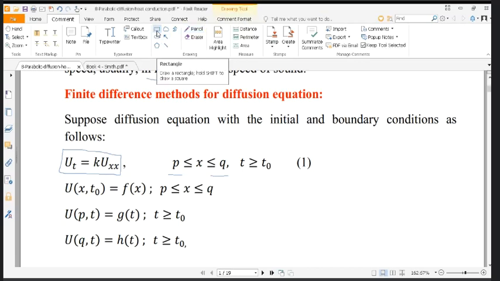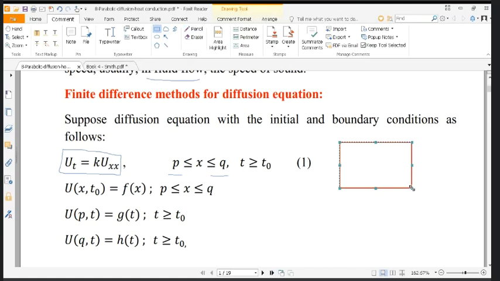If you remember, for the elliptic equation, the region of the problem should be closed, and we should have the value of the boundary on the left, right, top, and at the first stage.